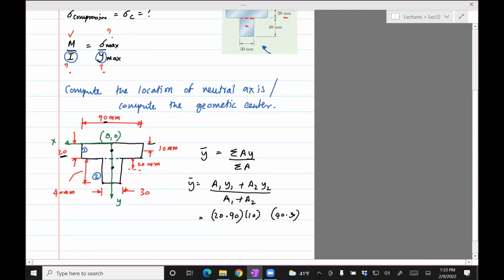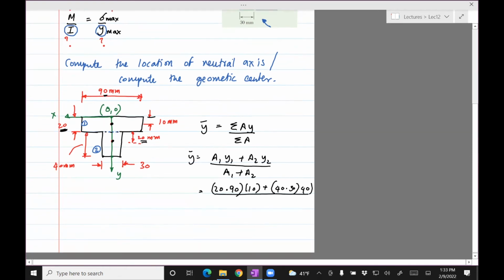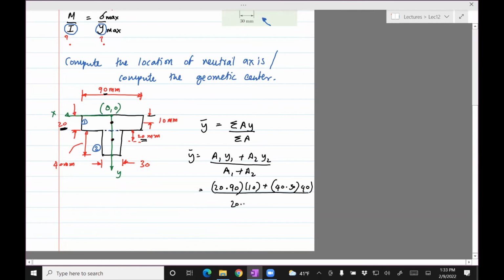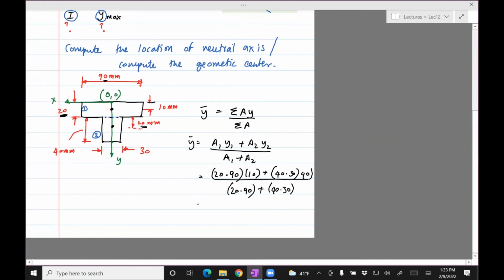So the distance of the centroid is 20 plus this 20, so it's 40. Divided by the total area, which is 20 times 90 plus 40 times 30. So it comes out to be 22 mm.